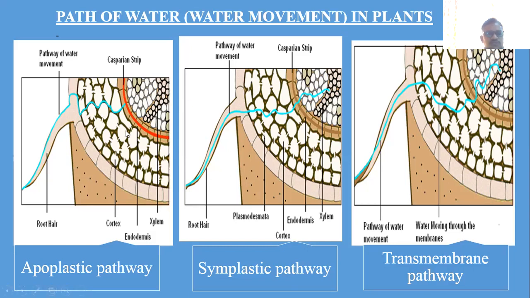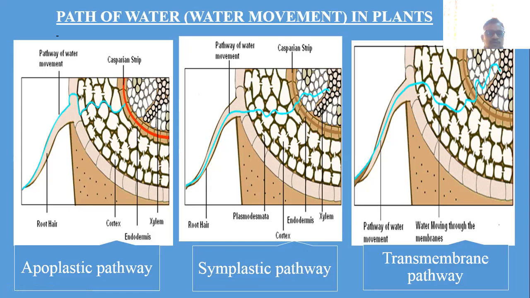In this cortex region, which we saw in the last slide, the cells are loosely bound, so there is no resistance. But the movement of water in the root beyond the cortex through the apoplastic pathway is blocked by the Casparian strip present in the endodermis.